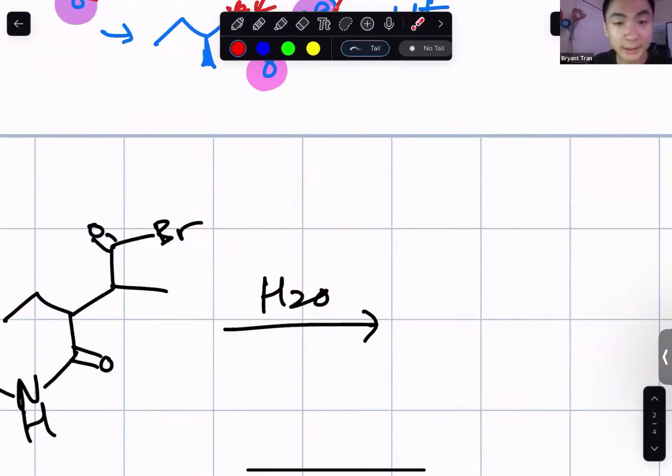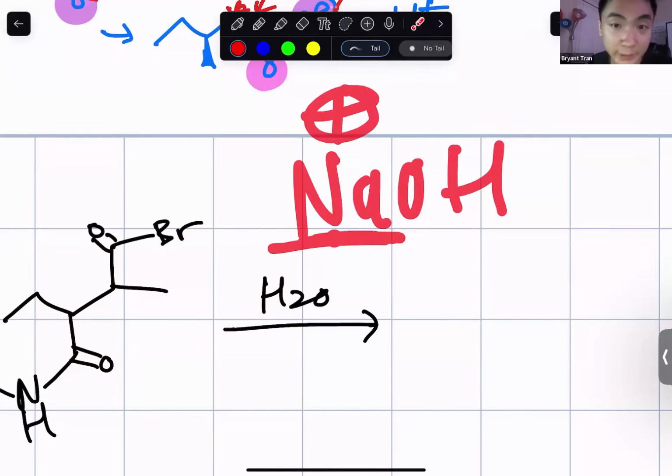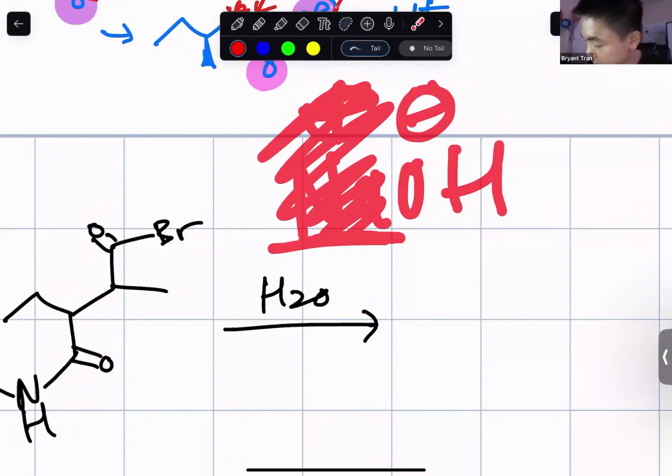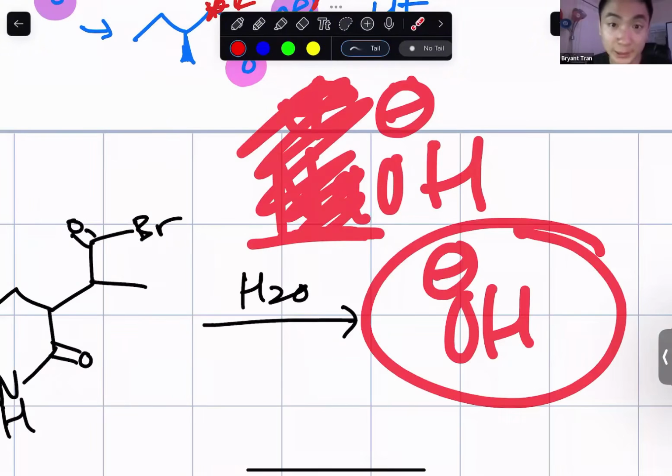In basic conditions, think of negative charge. So when you see NaOH, Na is always positively charged. So if that's positively charged, the thing that it's attached to is negatively charged. Na is a spectator ion. It's not really going to do anything, so we ignore that. The thing that's actually going to do something in the reaction is the OH minus hydroxide ion.